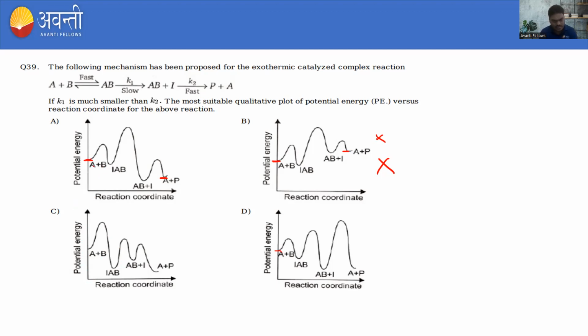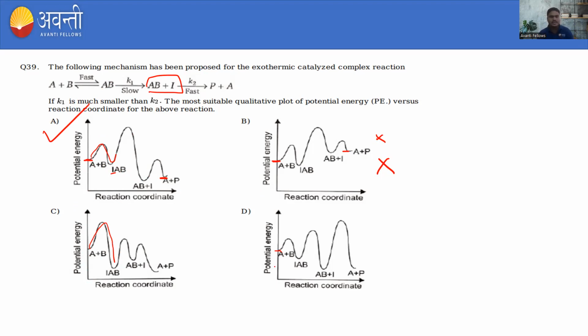We can say that this one, from A plus B combined together to form AB, then AB plus I, this first step, has very small energy as compared to this, which is very broad. So we can say that option A is absolutely correct. Since K1 is much smaller than K2, the energy of activation for the conversion of AB to AB plus I is much larger.